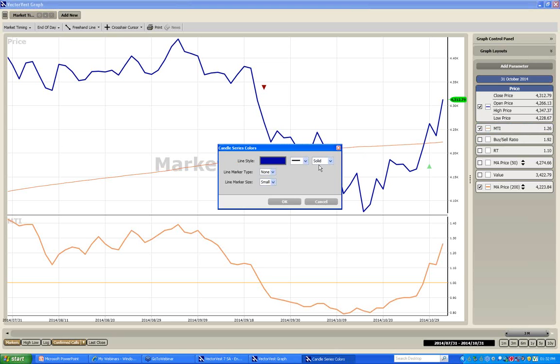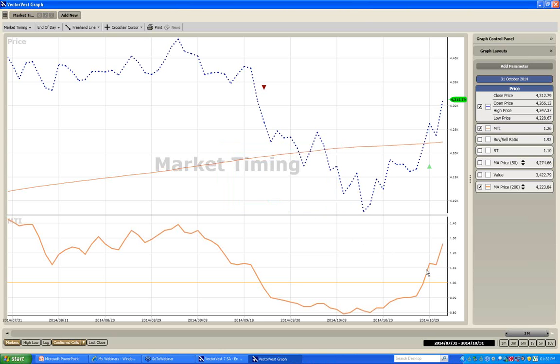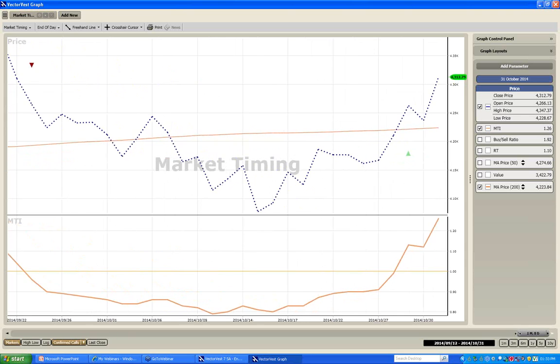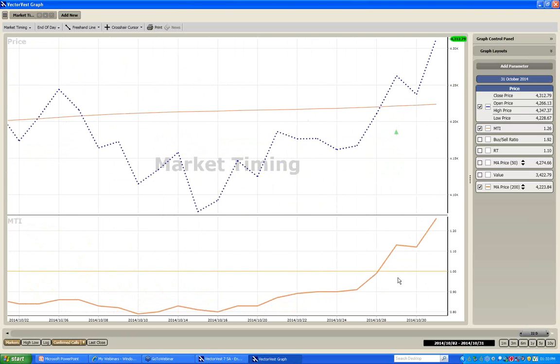Why does that not want to come up? I want dots. And now we can see on a day-by-day basis. Okay. Now, there was the market, and there was the sell-off on the downside.